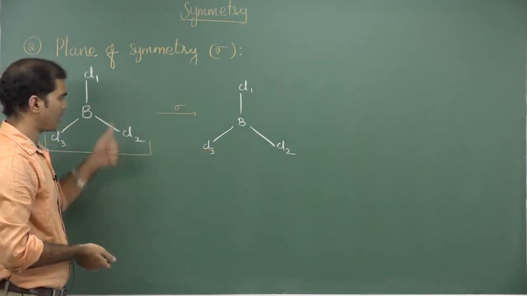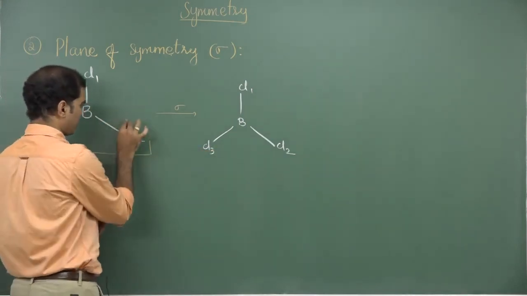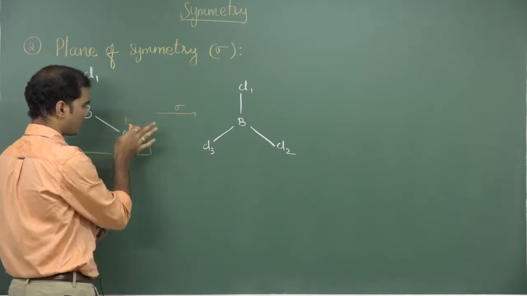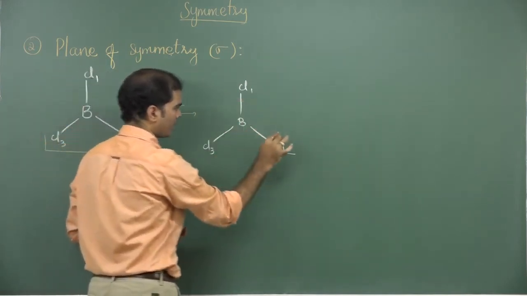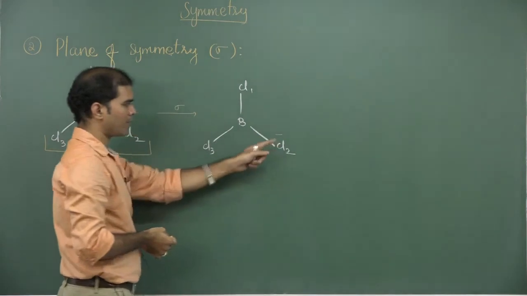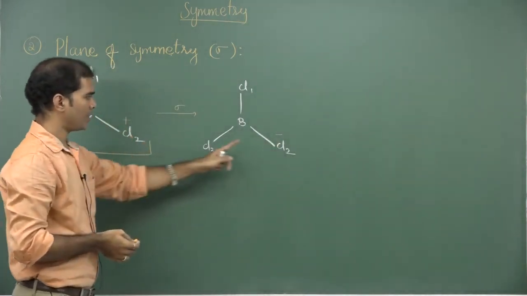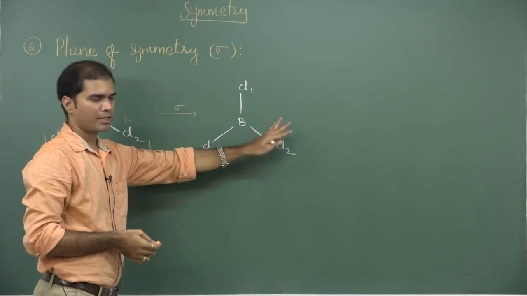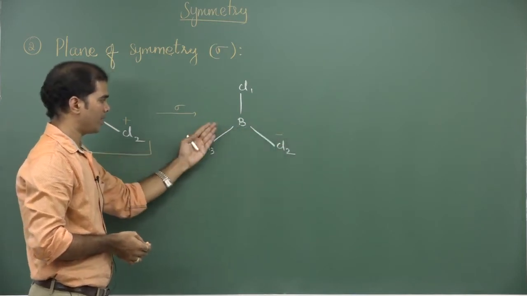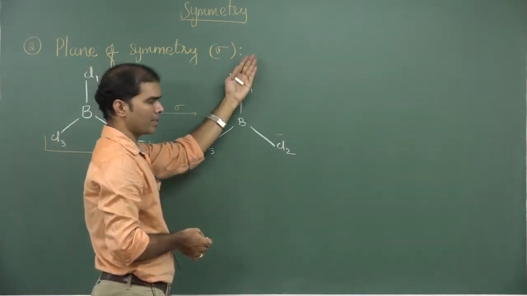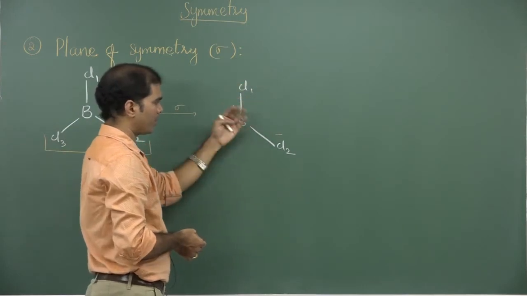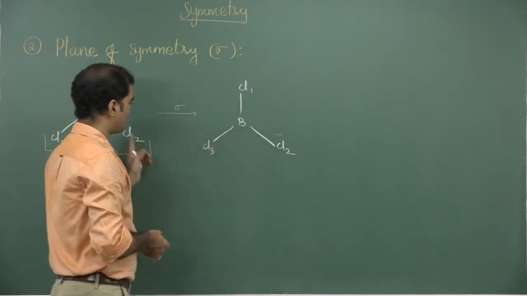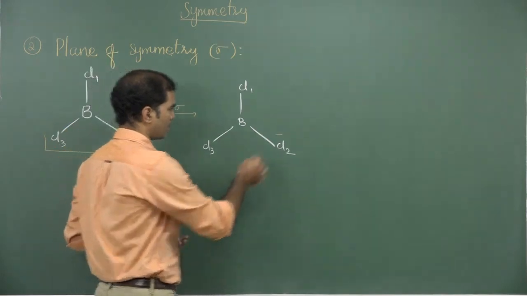The half towards you is reflecting away. Suppose I take the reference of plus, which is towards you, it will reflect away, and the away half will reflect towards you, therefore it is a minus. The position of the atom is not shifting, but within itself there is a reflection. Within the chlorine there is a reflection, within the chlorine there is a reflection, and within the boron there is a reflection. So both these structures are not identical.